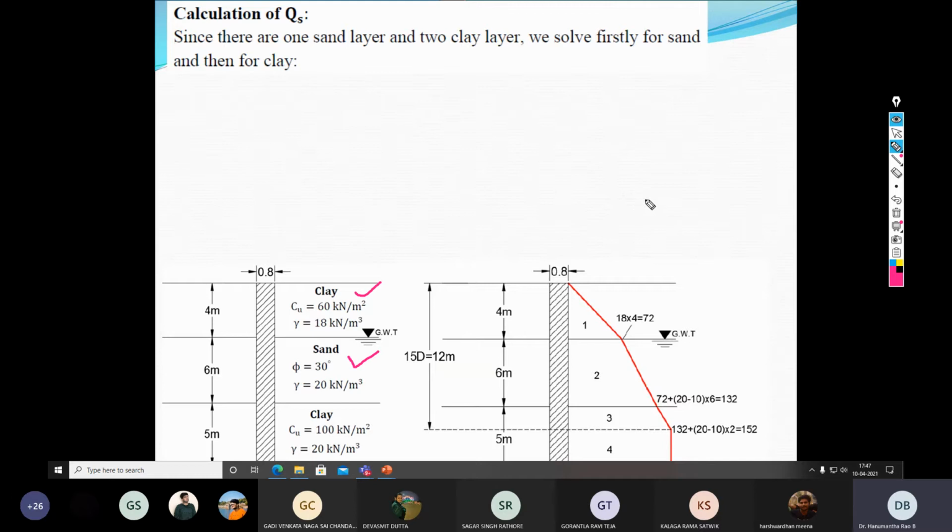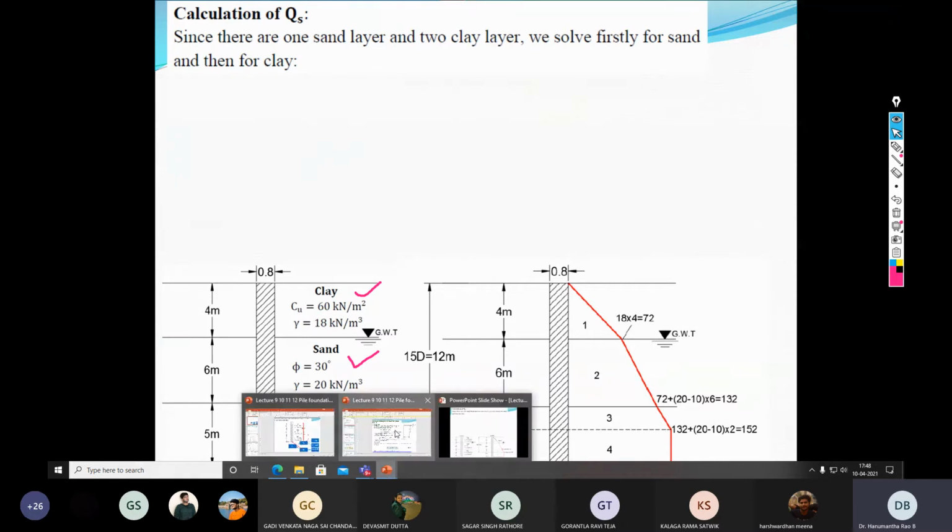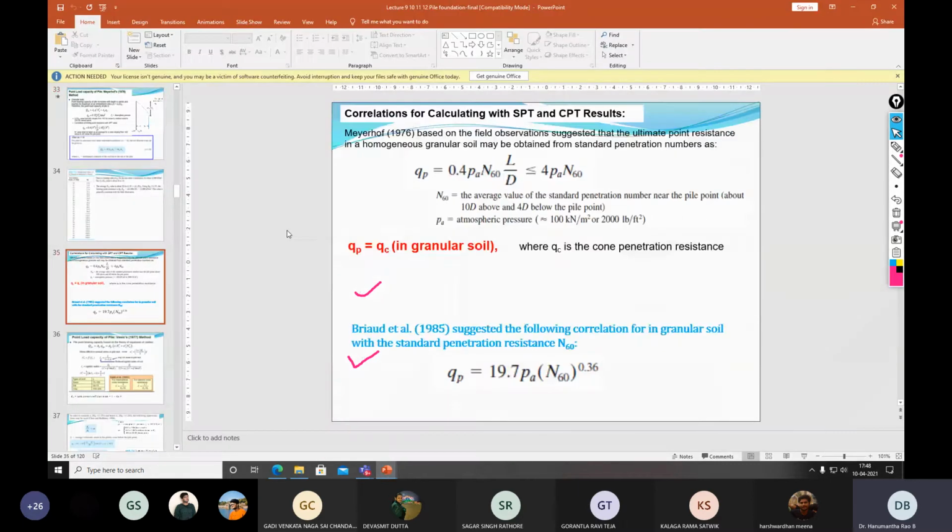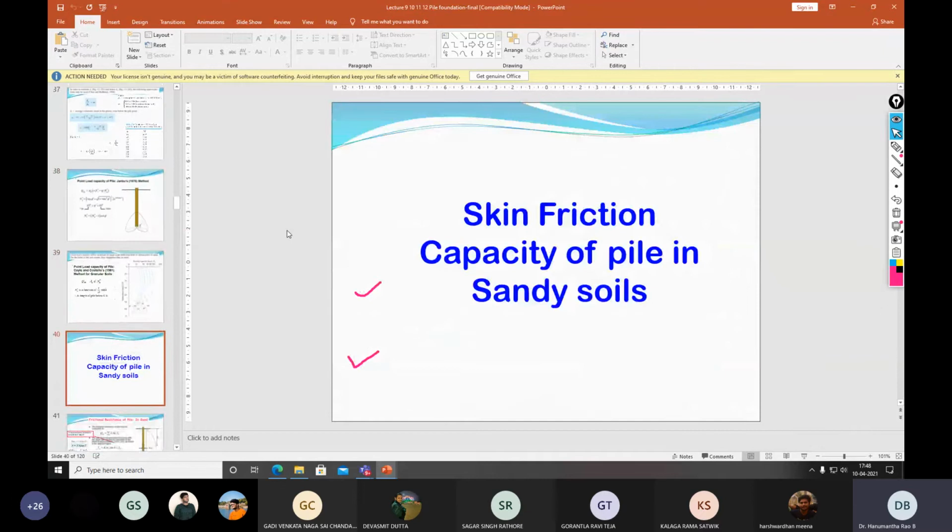Now what is the philosophy for the sand layer? What is the rule that we should follow in case of sand for calculation of skin friction? Just refer to the handout.